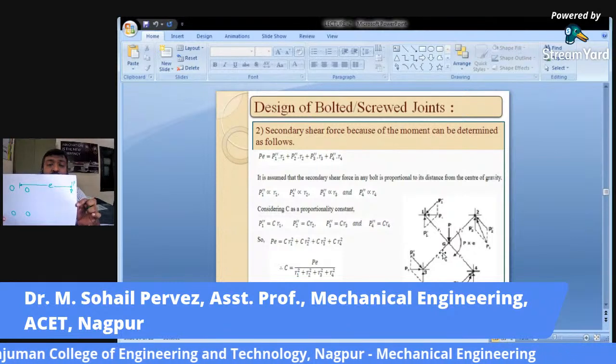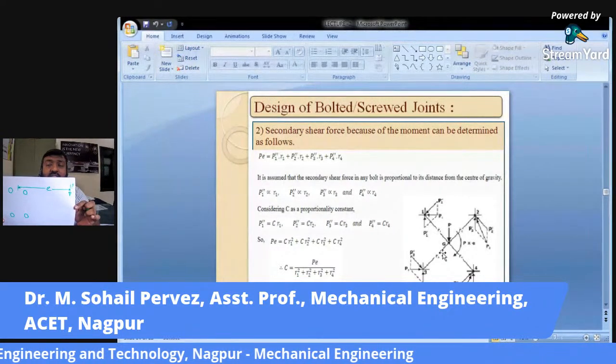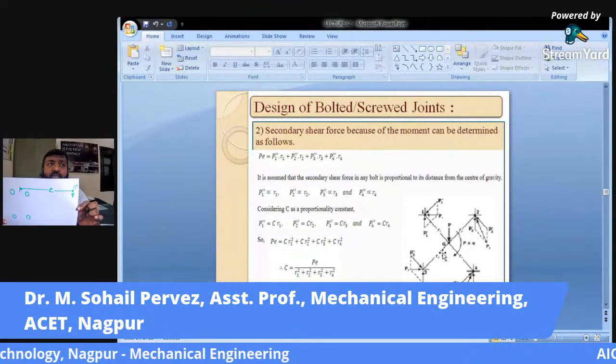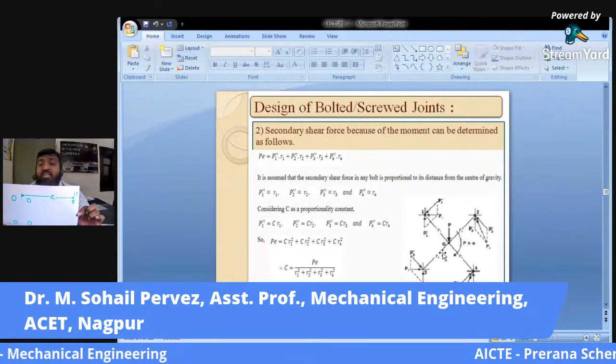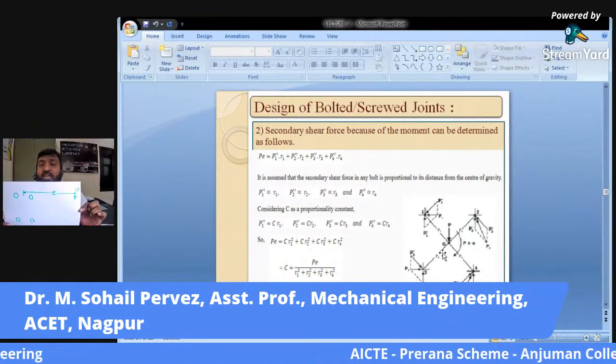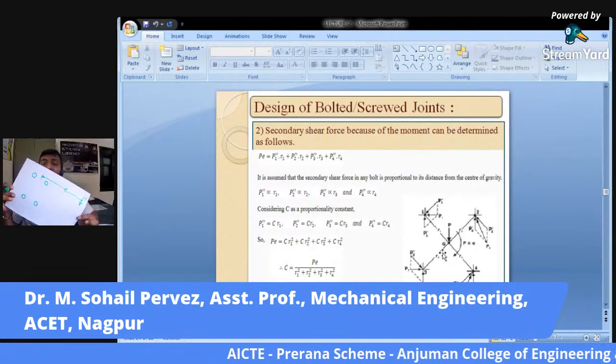So P into E, where E, the eccentricity, is the distance from the CG or centroid of the bolted system, will try to overturn this bracket.